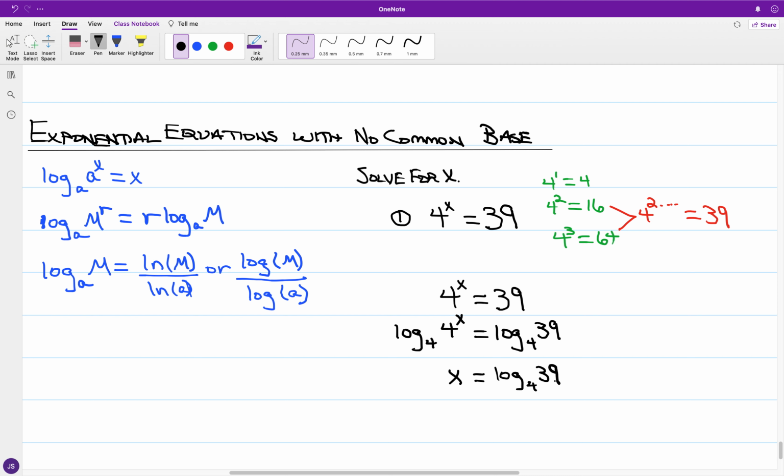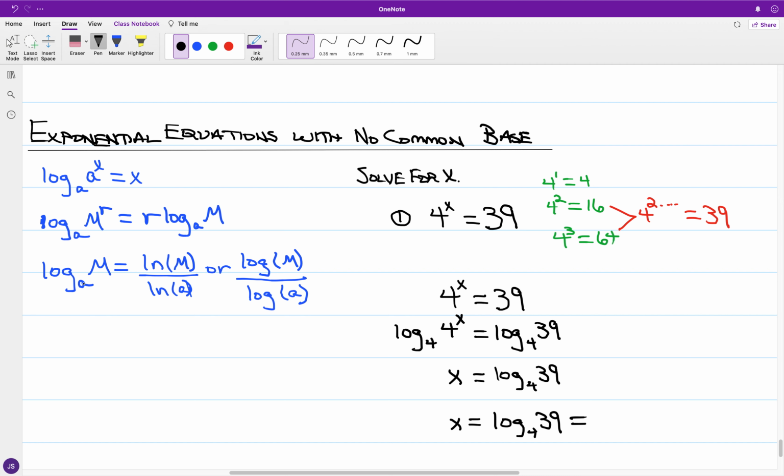Now, in many typical scientific calculators, you're not going to have the base 4 logarithm, but you do have natural and base 10 logarithms. So here I can perform the change of base formula, whereupon I have x is equal to the base 4 logarithm of 39, and I can apply either natural or base 10 logarithms.